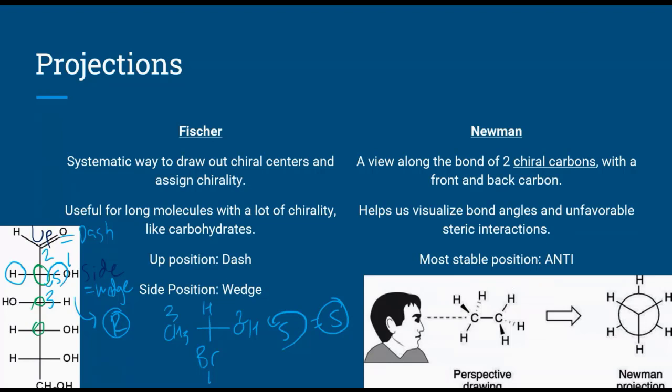The important thing is that the most stable position for a Newman projection is anti, where the two largest groups are opposite of each other. We'll see that example in our review packet.